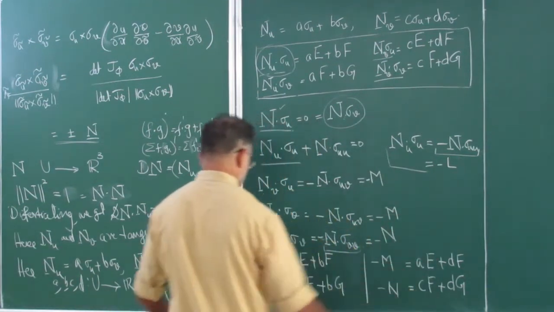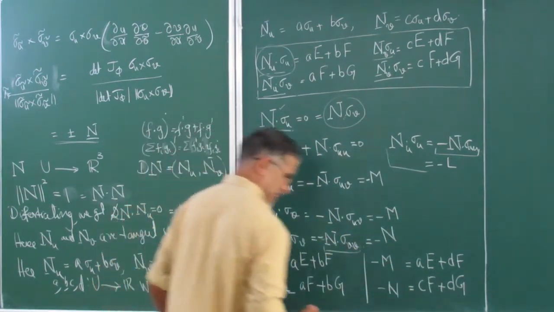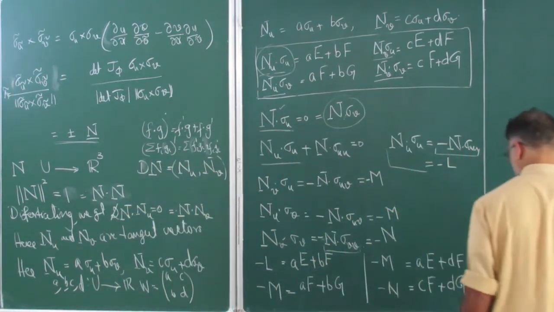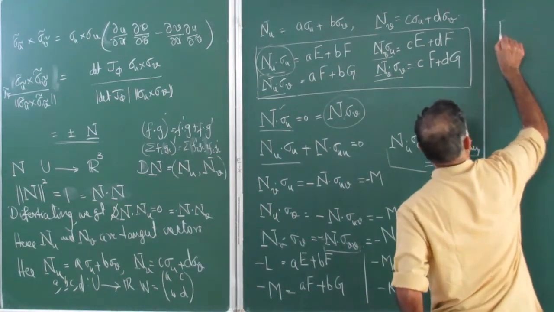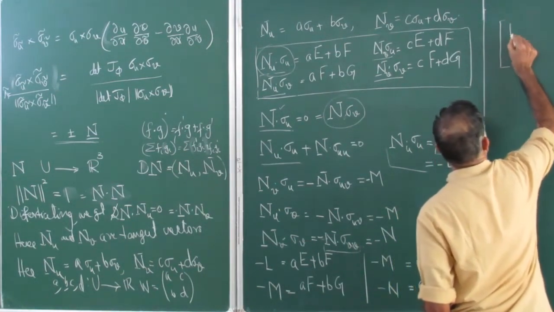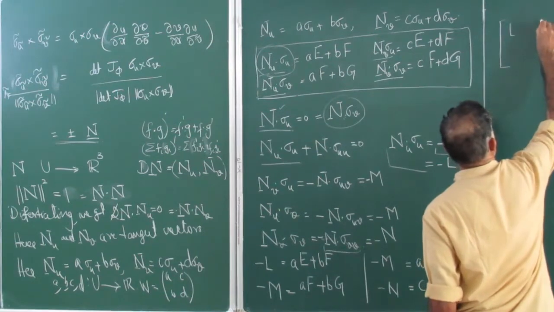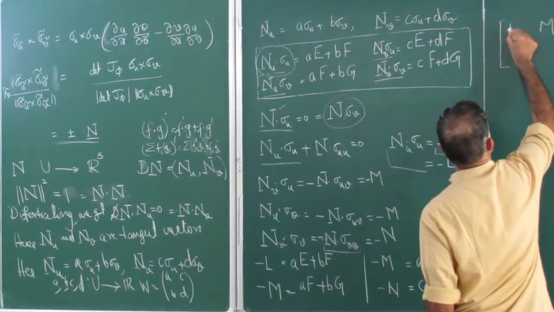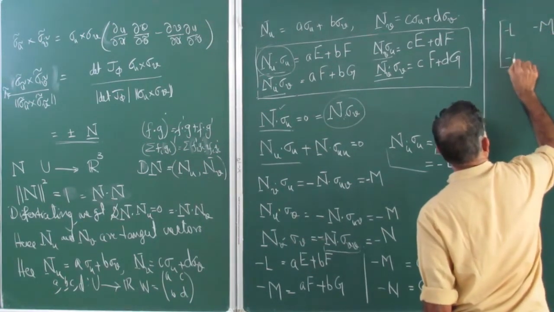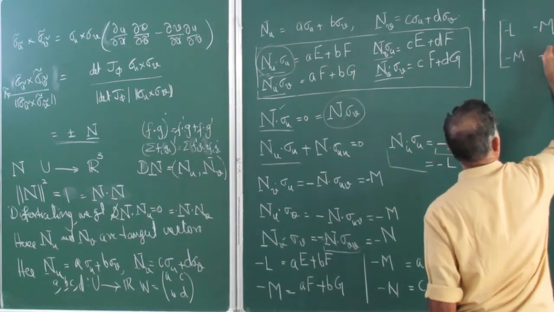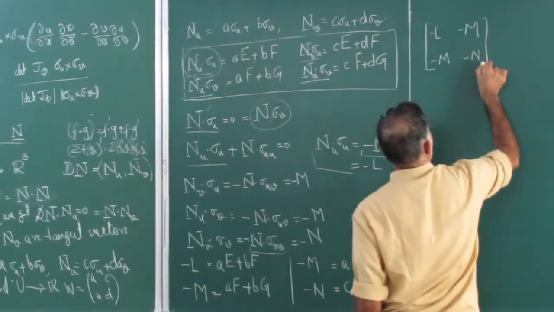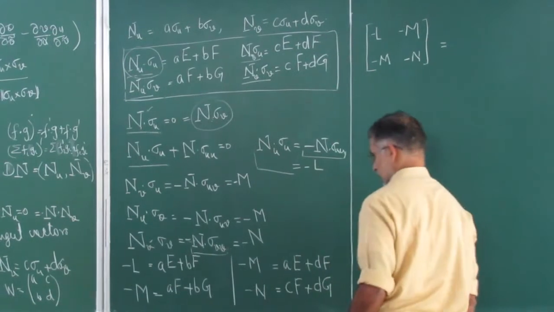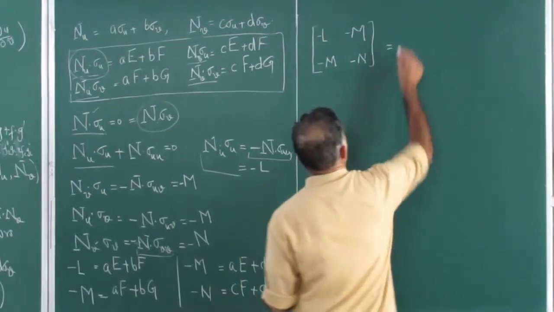Now these 4 put together, we are going to write in a matrix form, but that's the beauty of the whole thing. So let me write L, minus M, minus M, minus N. You can see we have a nice matrix, and let us substitute. What are they?